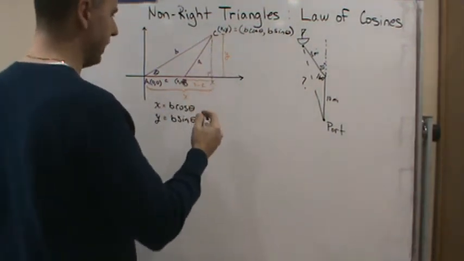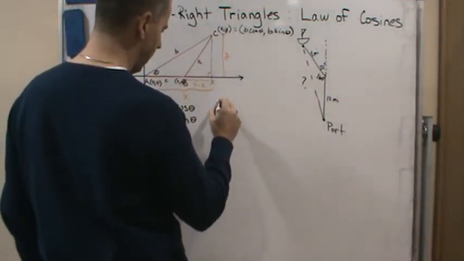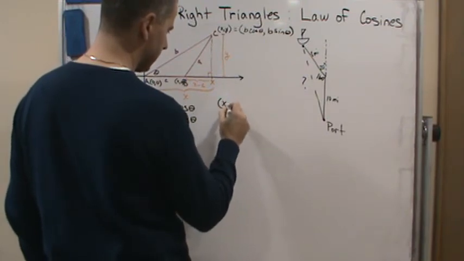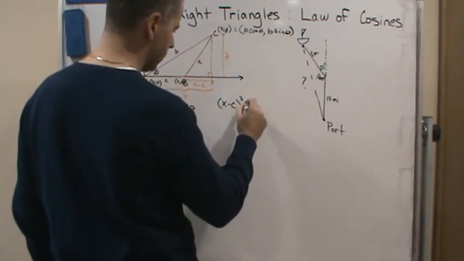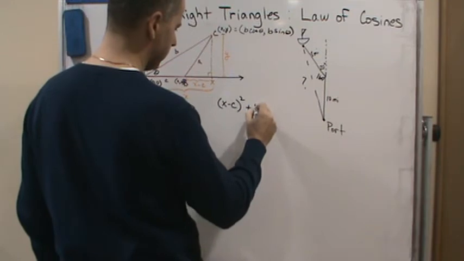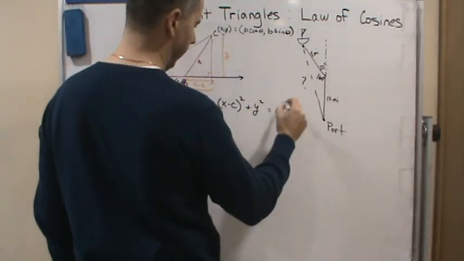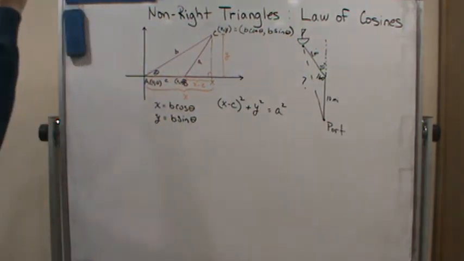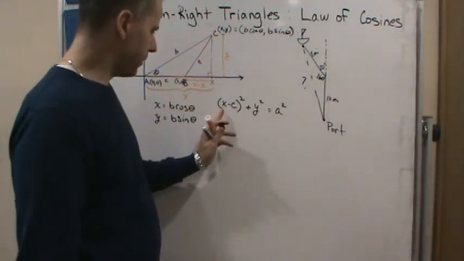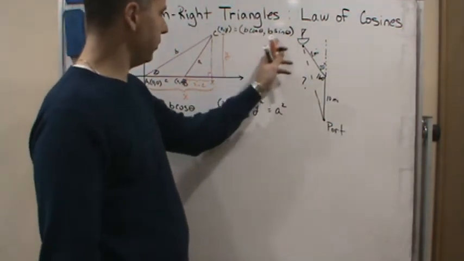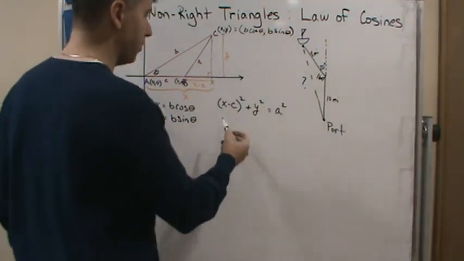So what does that mean? It means that x minus c squared plus y squared is equal to a squared. Now I'm going to substitute in for x and y.